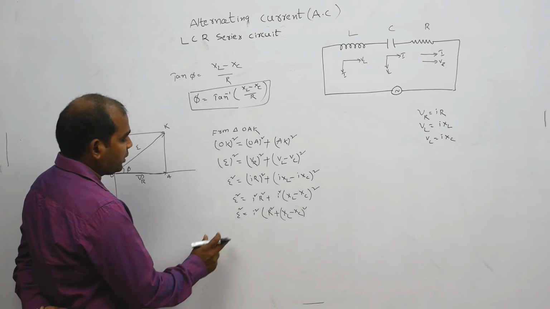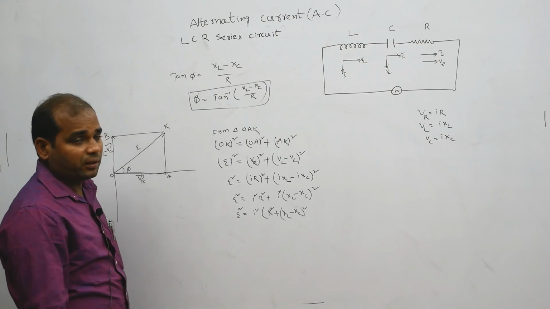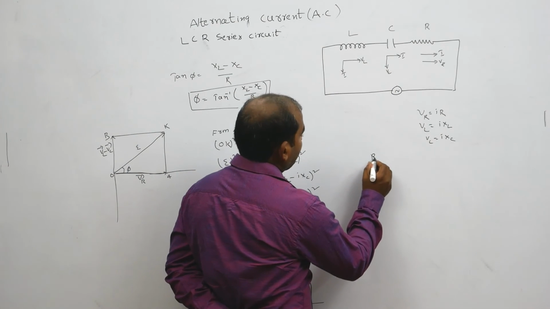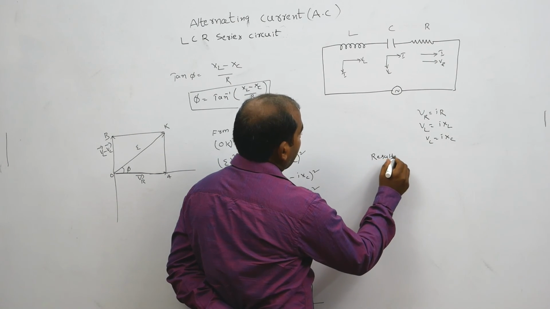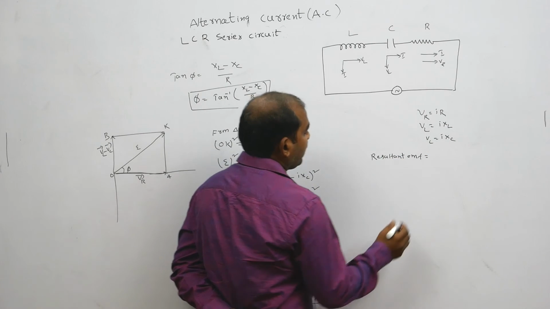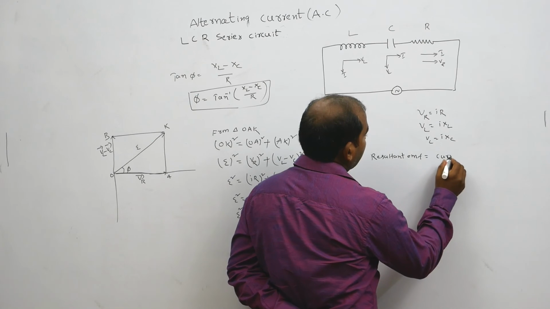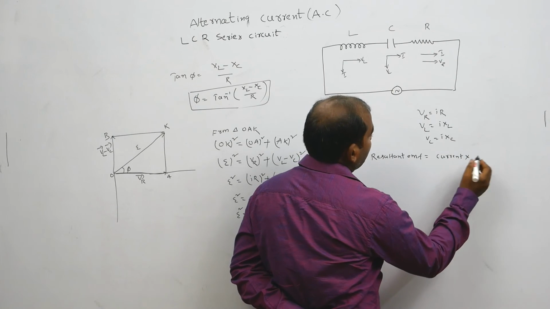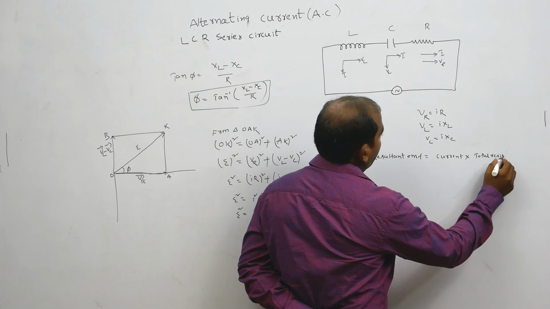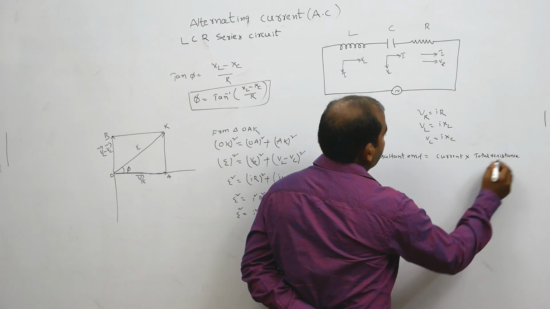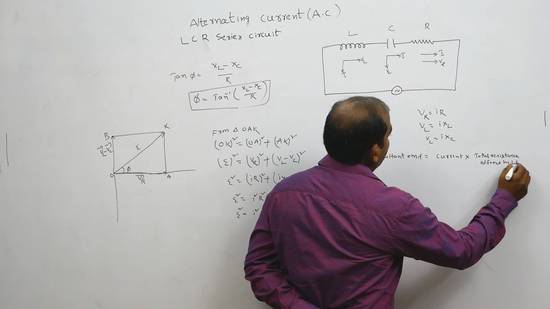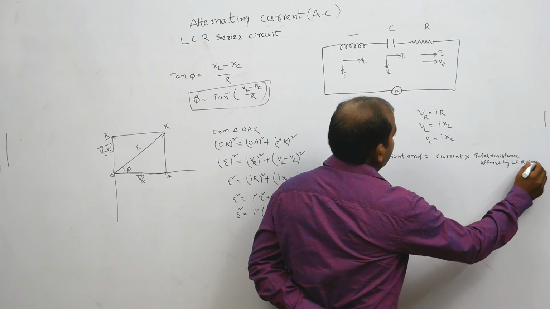We already know this resultant EMF phasor. The resultant EMF can be written as the current into the total resistance offered by the LCR circuit.